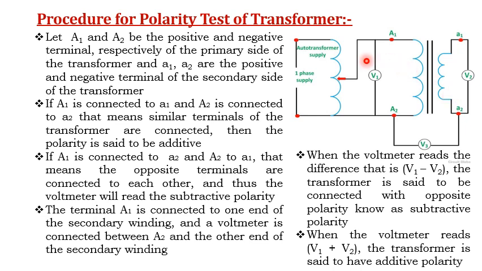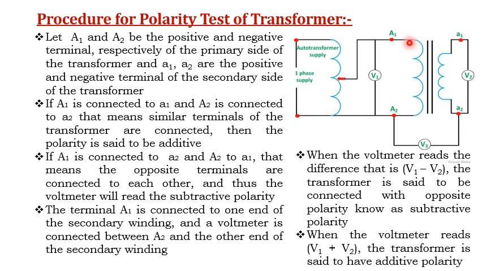The primary winding is connected to an auto transformer to feed the single phase supply, and a voltmeter V1 is connected across the primary winding. The voltmeter V2 is connected across the secondary winding.